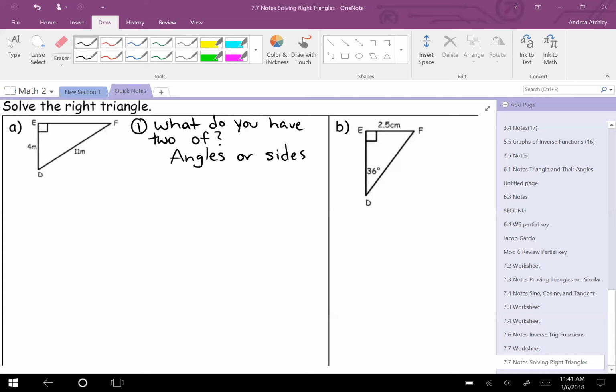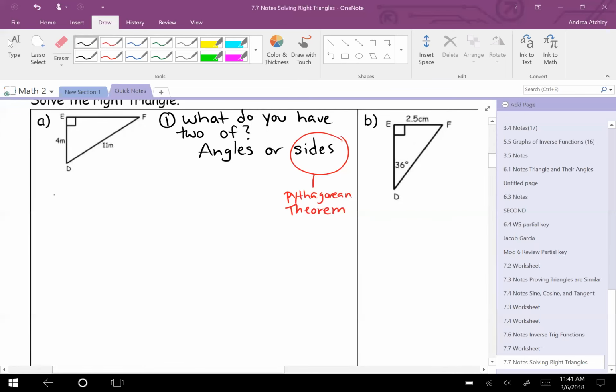Two sides. Does that make sense? I have two sides. So the easiest thing to do is to find the third side using the Pythagorean theorem.